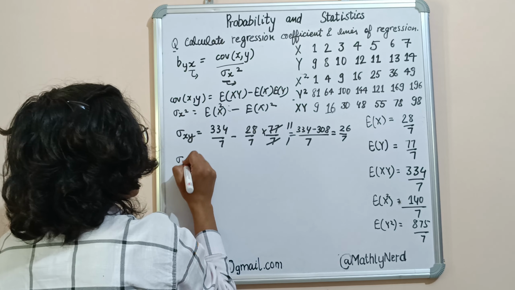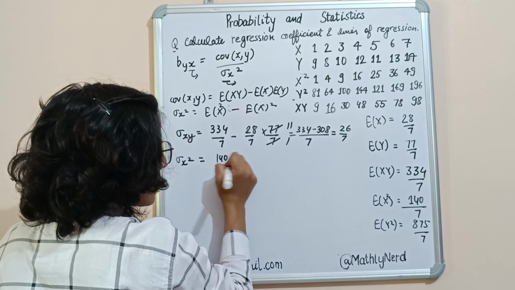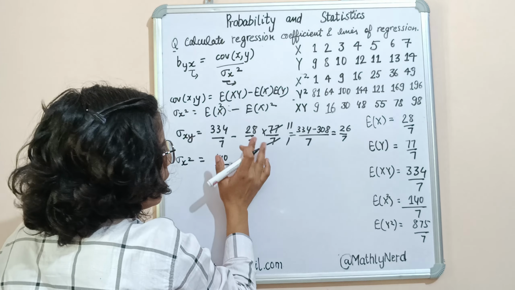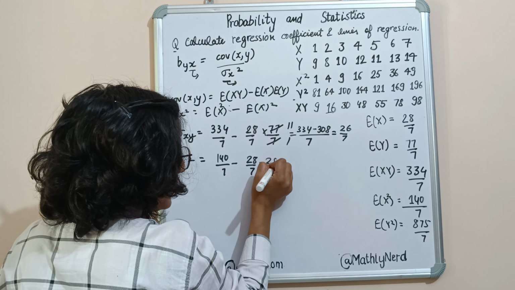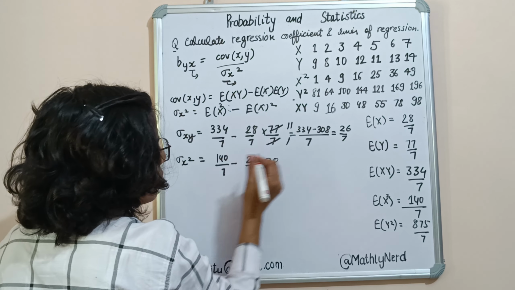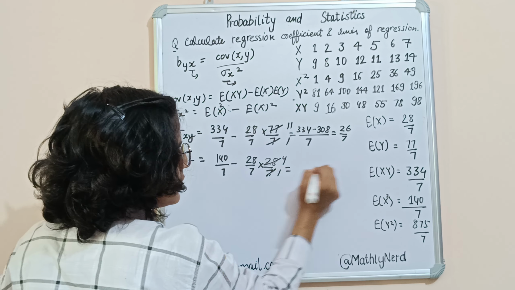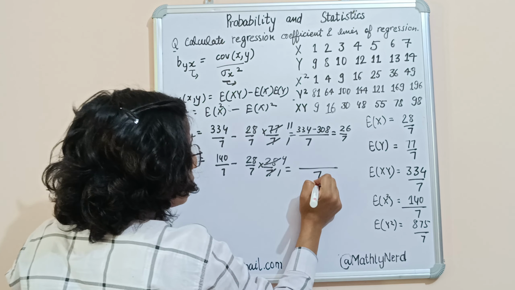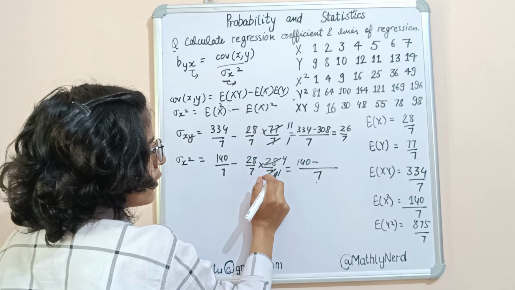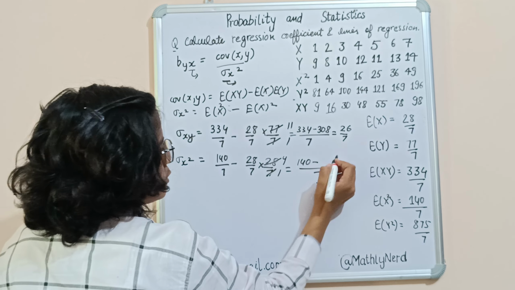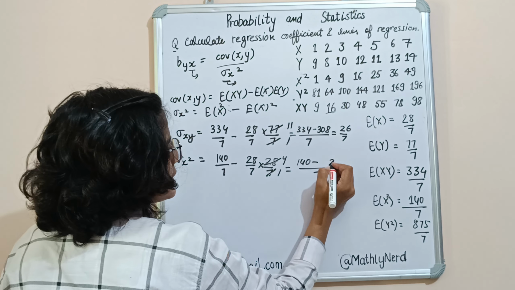And sigma x square will be E of x square, 140 by 7, minus Ex whole square, 28 by 7 into 28 by 7. If we divide both of these numbers by 7, this will be 4 and this will be 1. Our LCM will be 7. 148 minus 28 into 4: 8 4s are 32, 3 carry, 4 2s are 8 and 3, 11.